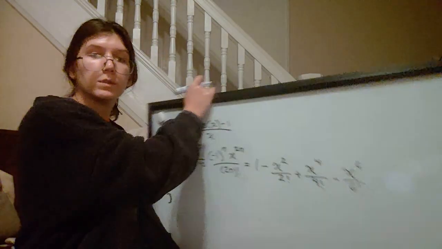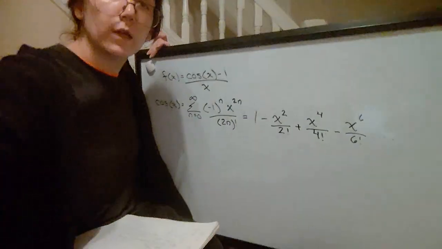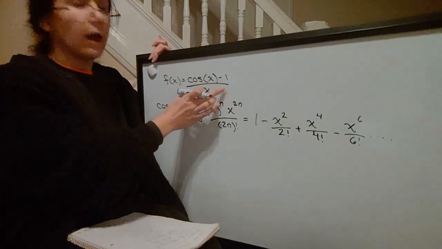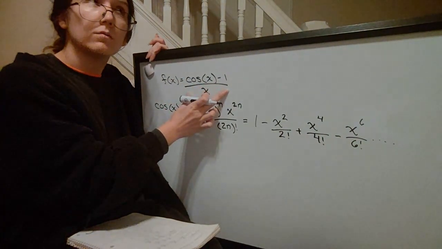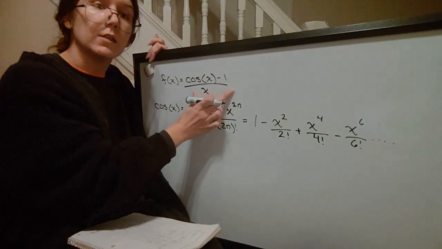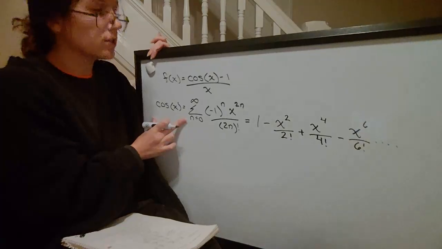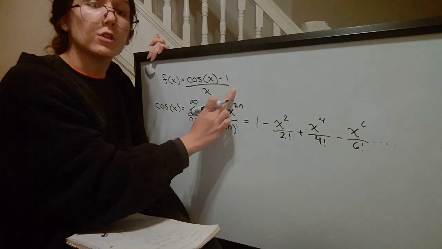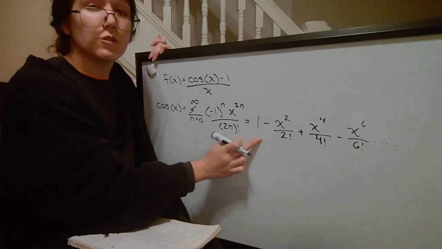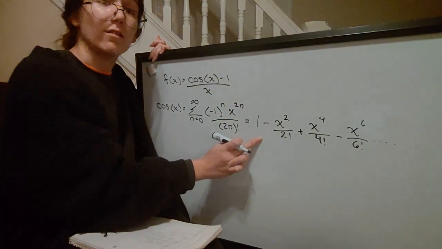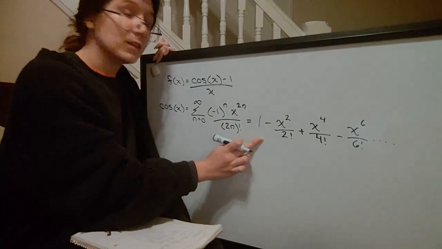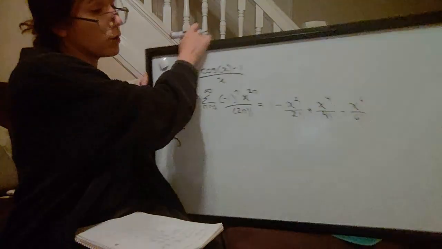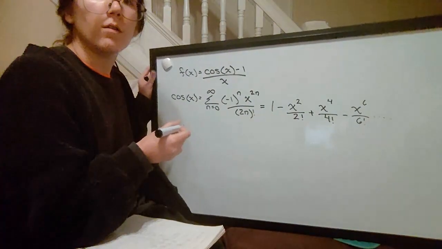We're going to look at these specific terms and see what we can do to have it represent this function rather than just this function. So the first step is just to subtract 1. This isn't too bad because we just have a 1 floating out in the abyss, basically. So we're just going to subtract 1 from that.